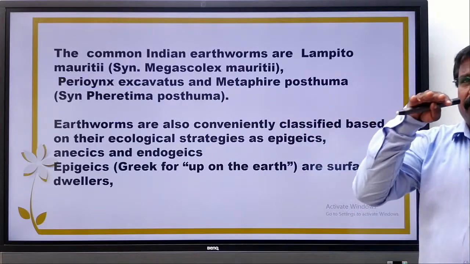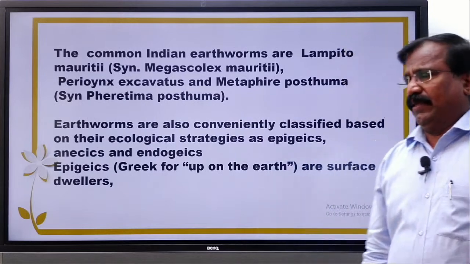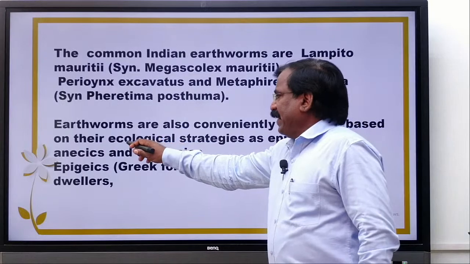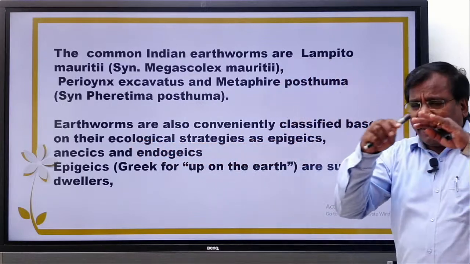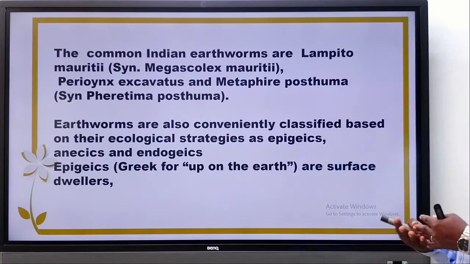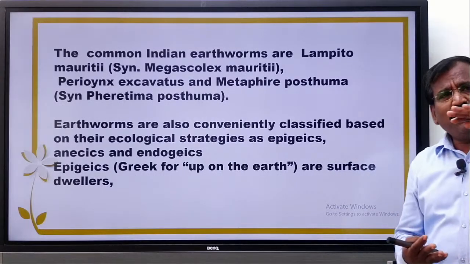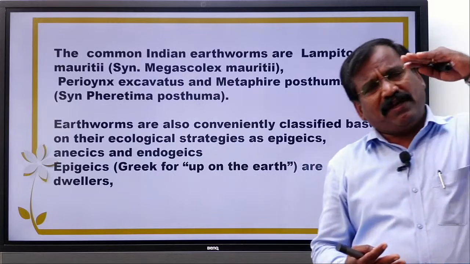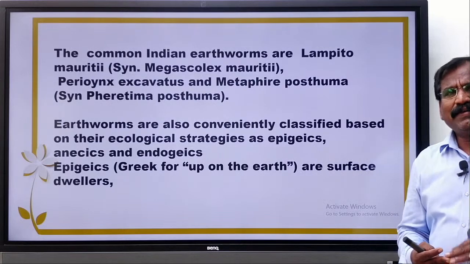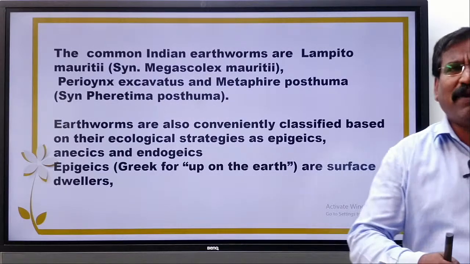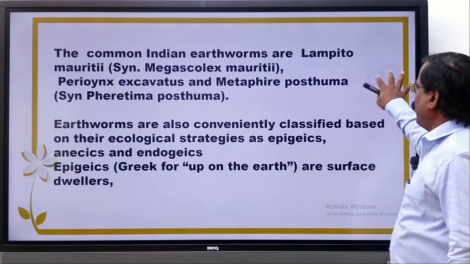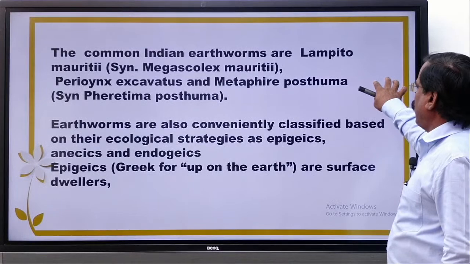Based on the location, also ecological strategies, that is, where they are located: some species may be on the surface, above the surface, some a little below the soil, and some at a deep level. This is a very important 3 marks question, most frequently asked.